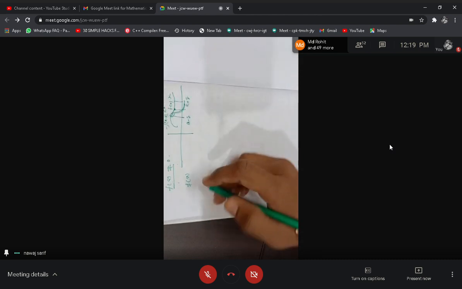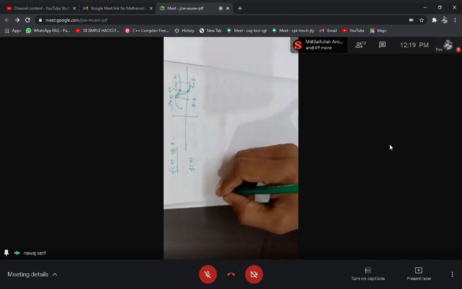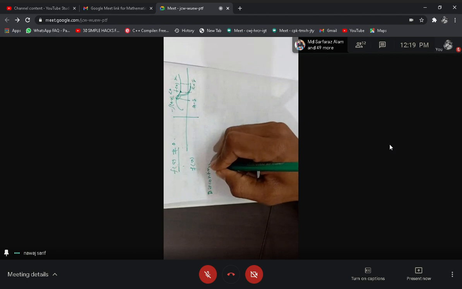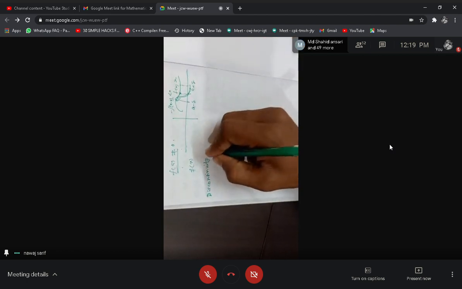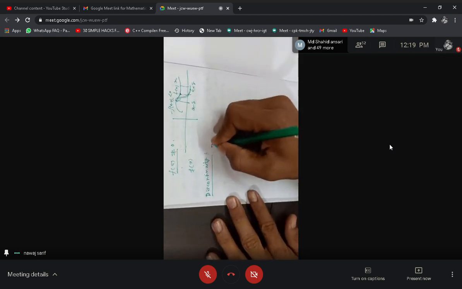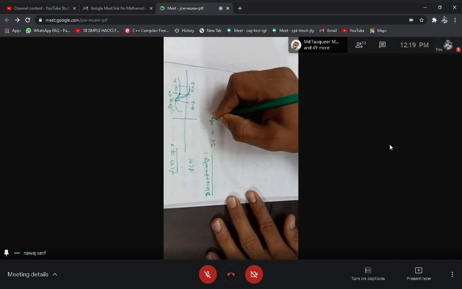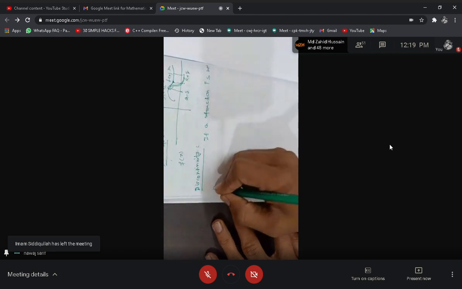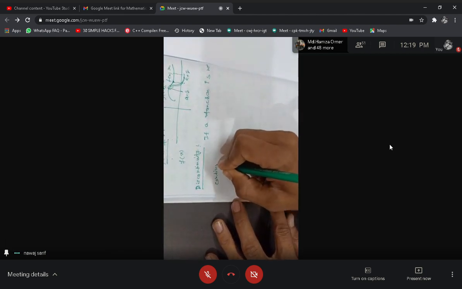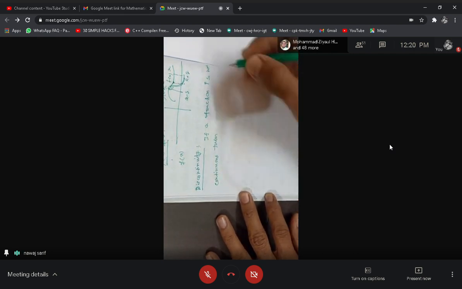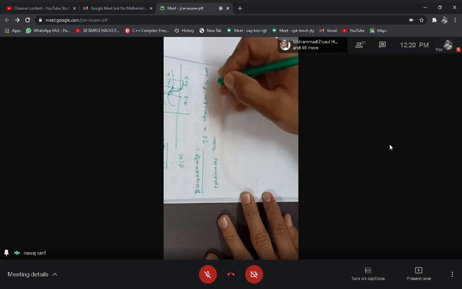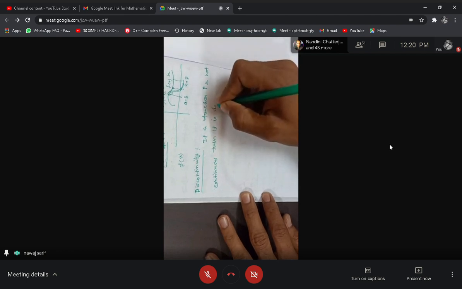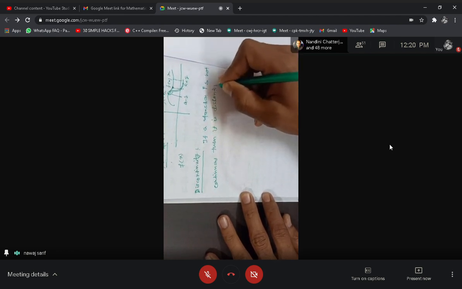So discontinuity: if a function is not continuous, then it is discontinuous.